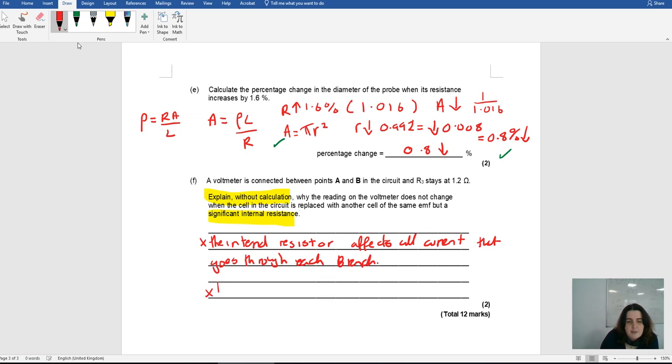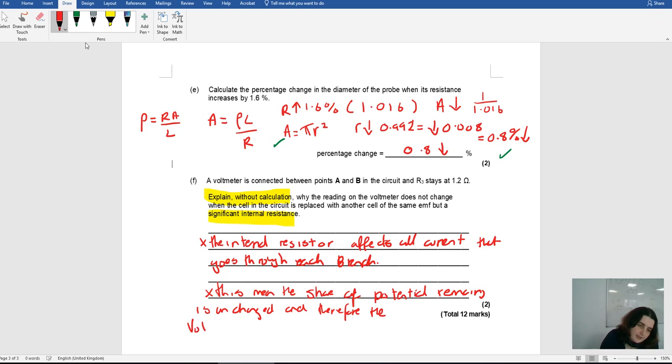This means the share of potential remaining is unchanged, and therefore the voltmeter between A and B will still read the same difference.